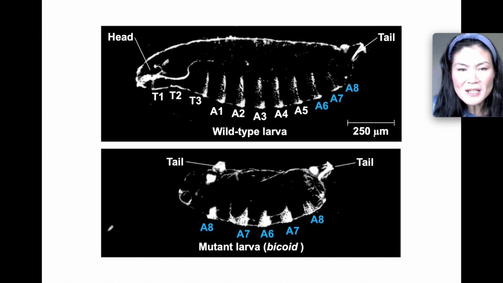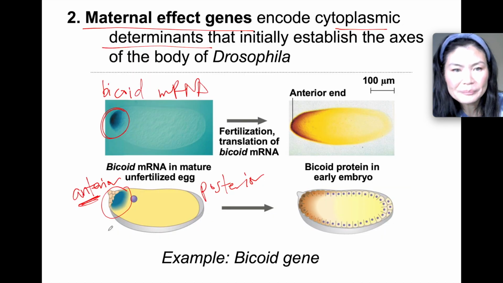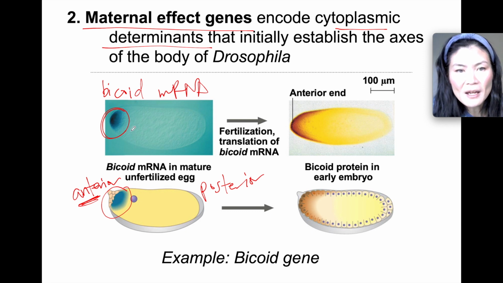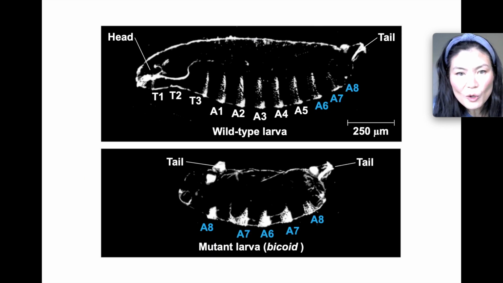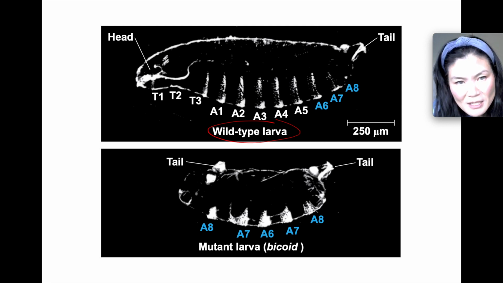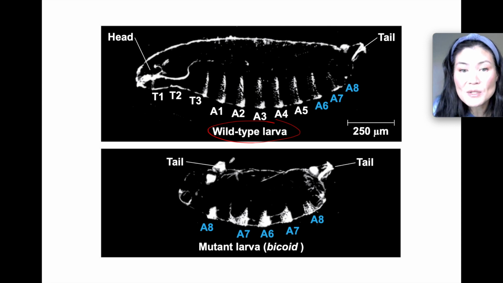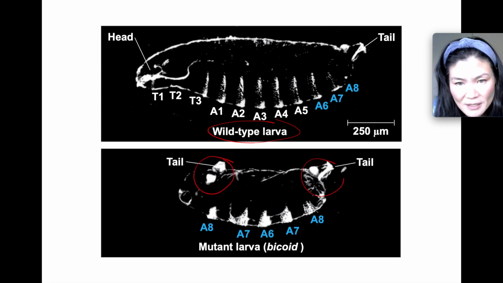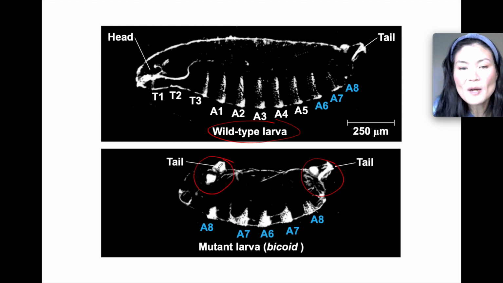So what they did was they took the bicoid mRNA, and they put some on the other end. So this is normal at the top. This is the wild type, where you have a lot of bicoid. The gene is activated in the anterior portion. And so when the gene is activated, the mRNA is made, and that becomes the head. Well, what they did was they knocked out the gene.